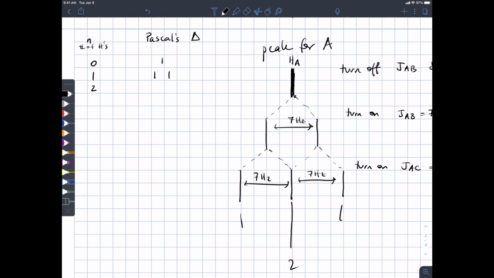When n equals 2, you've got 1 to 2 to 1. When n equals 3 adjacent protons, that's 1 to 3 to 3 to 1. This is doublet, triplet, quartet. Being adjacent to 1 proton, 2 protons, 3 protons.